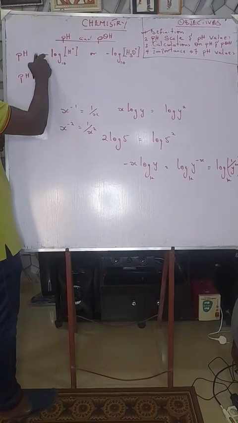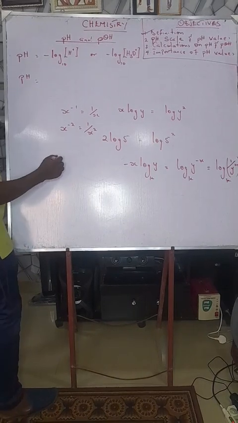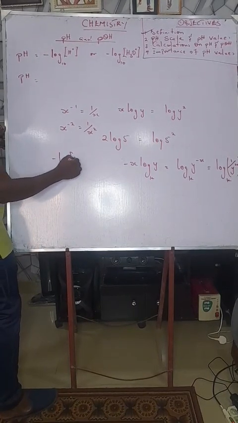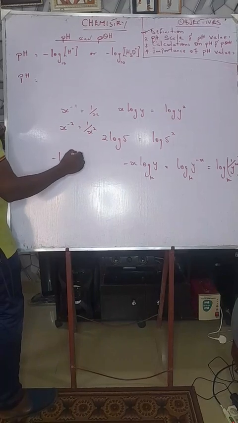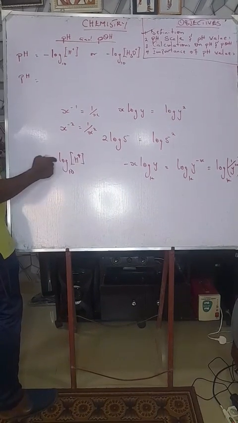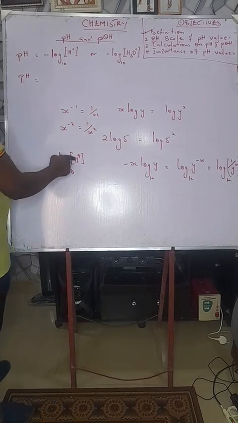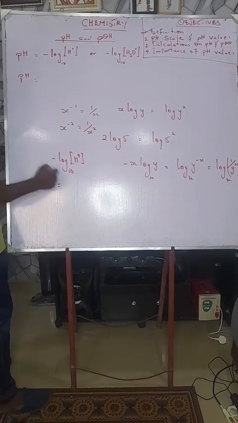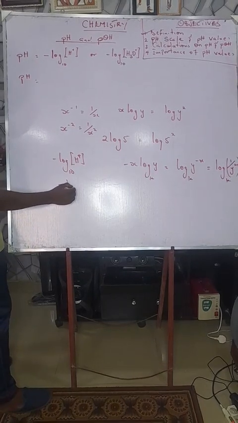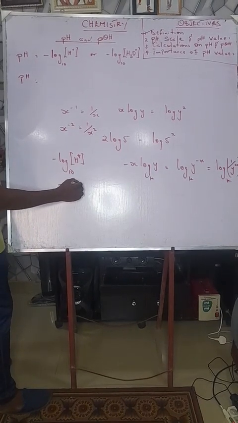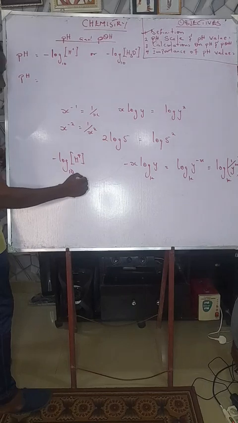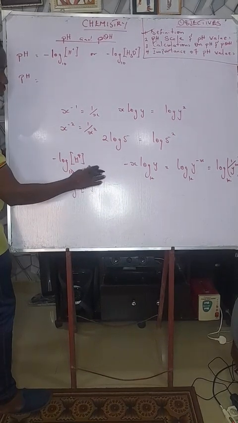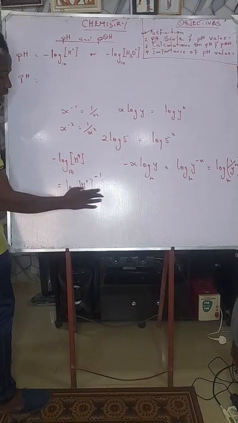This -1, when it comes here, you have minus log hydrogen ion concentration, base 10. This negative logarithm of hydrogen ion concentration, base 10. You know this thing is the same thing as log hydrogen ion concentration raised to the power of -1, that is coming from here, base 10.